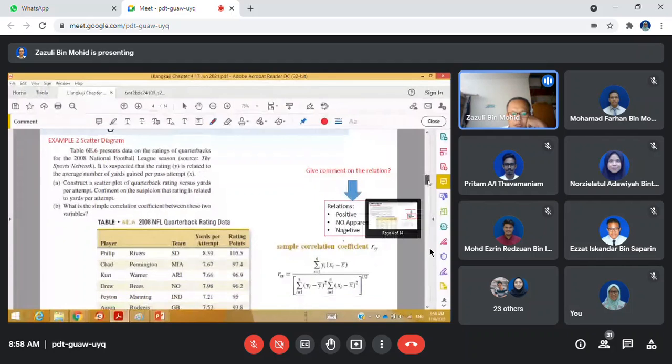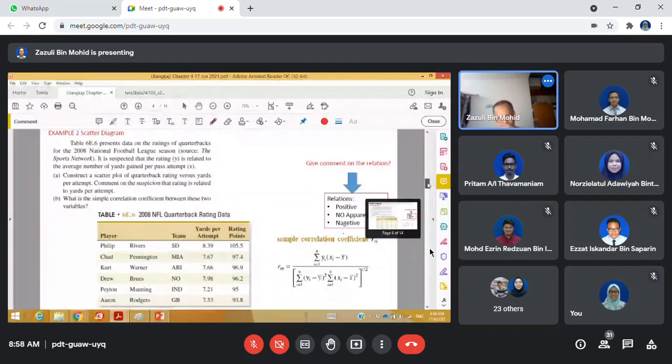Okay, we have some data. You can look at your slides. Okay, the sports network, maybe this is the source of the data. It is suspected that the rating Y is related to the average number of yards gained per pass attempt.